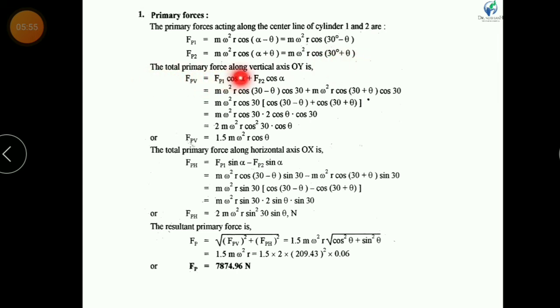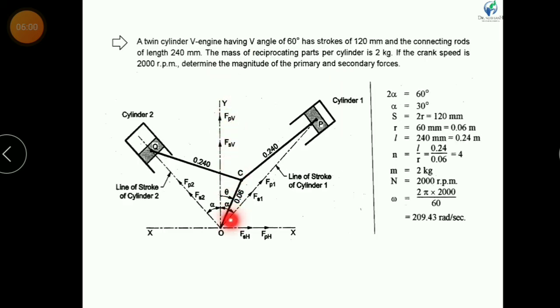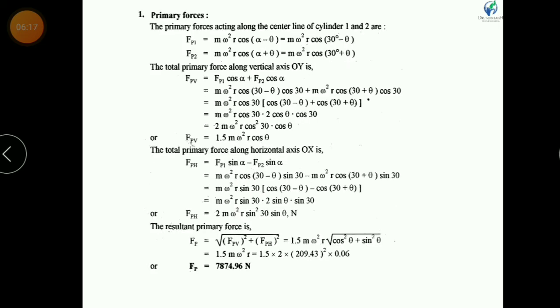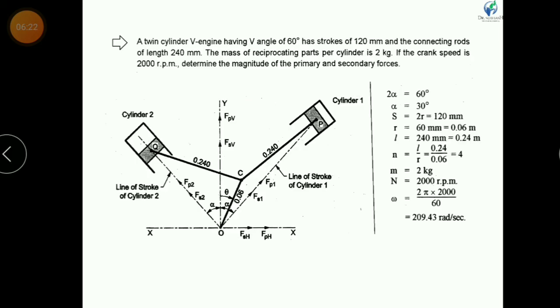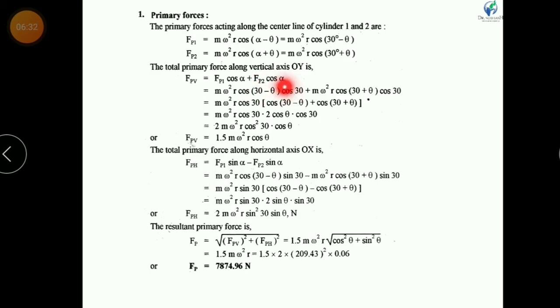So the total primary force acting along the vertical axis, where this angle is alpha. In the vertical direction, the component of Fp1 is Fp1 cos alpha, and similarly the vertical component of Fp2 is also acting in this direction, so we consider plus Fp2 cos alpha.